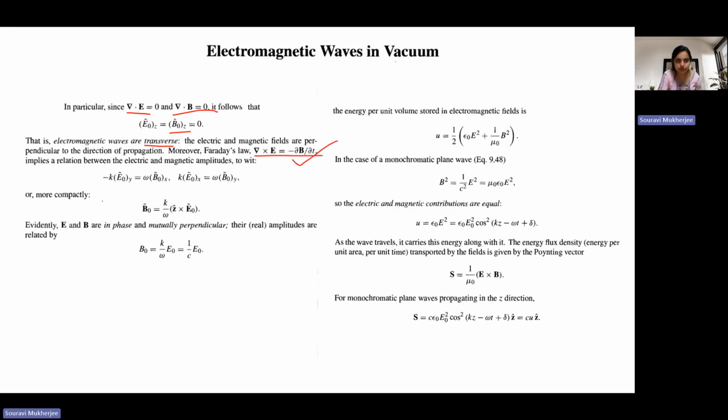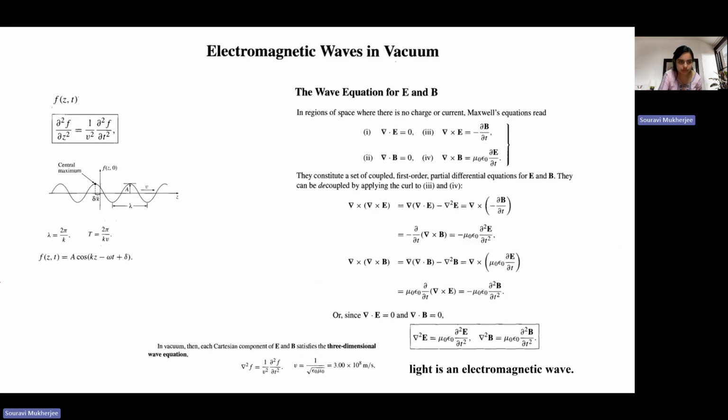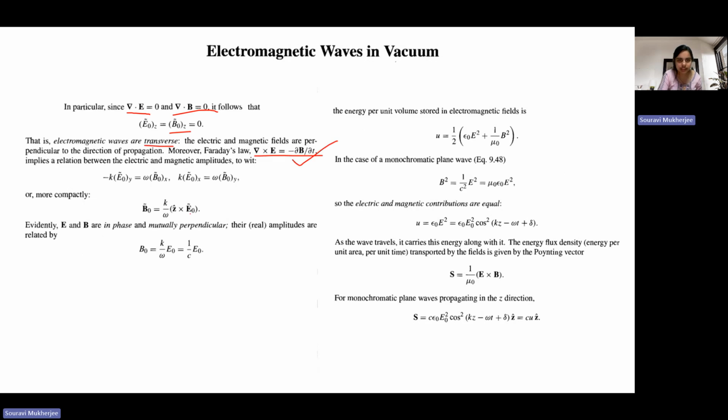Okay, so if you consider the electric field to be of the form kz minus omega t, and similarly the magnetic field with a k dot r term and an omega term, then when you take the time derivative, del B del t, you have an omega t term in the magnetic field, right? So that will give you an omega.